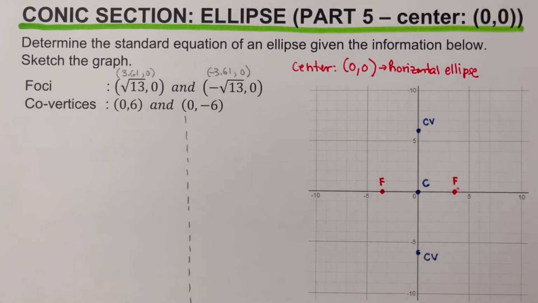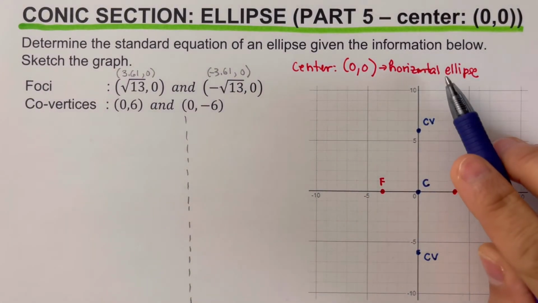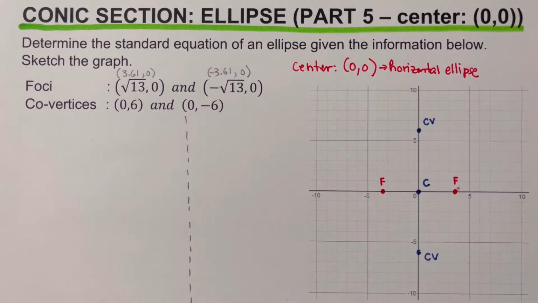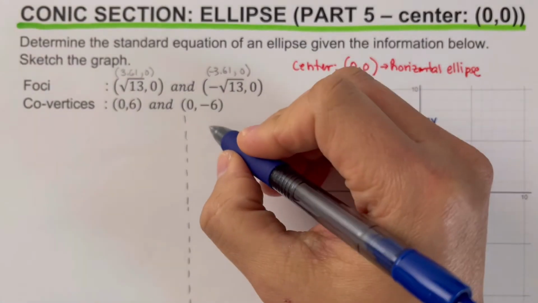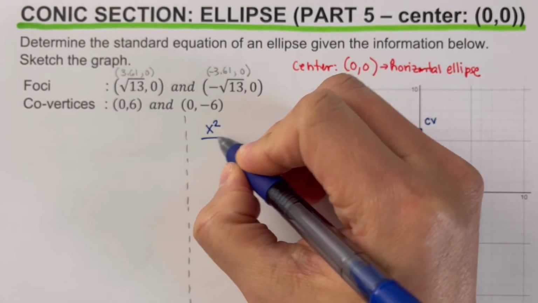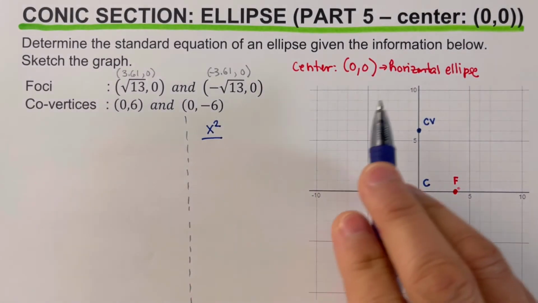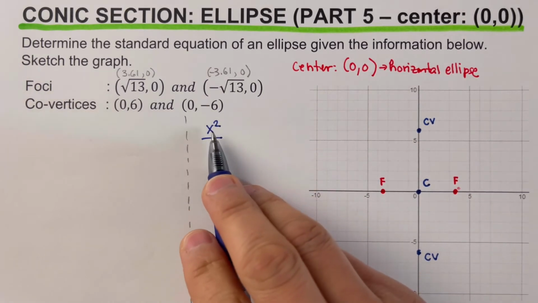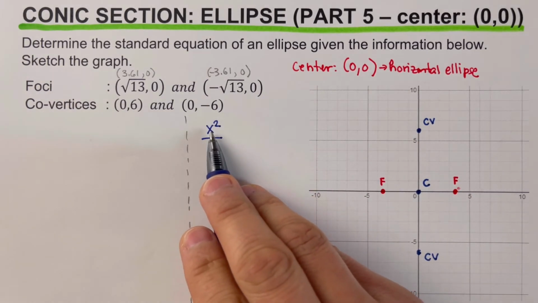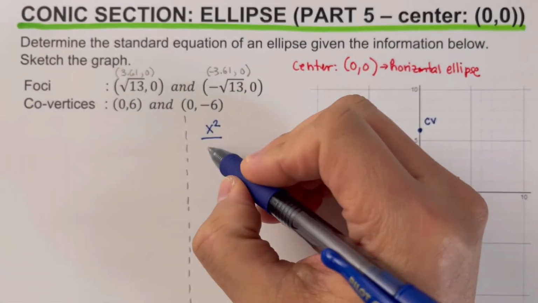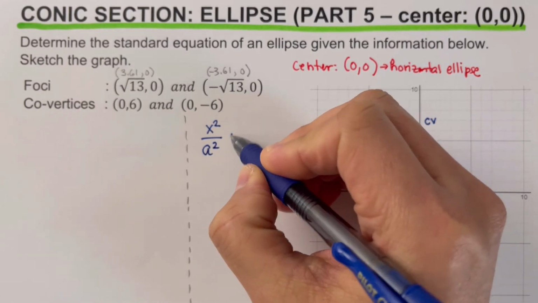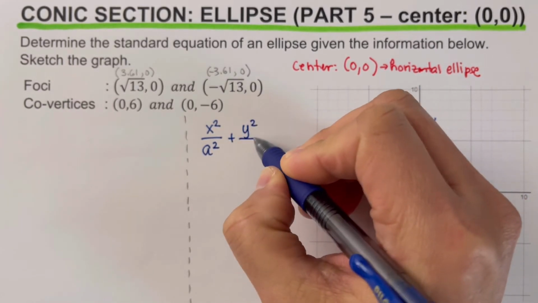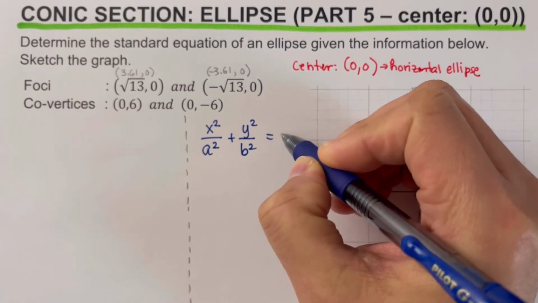Okay, since this is an example of a horizontal ellipse, we can write the general equation of a horizontal ellipse. That's actually x squared over, since our major axis is the horizontal line, then the denominator of the x squared should have an a squared on it, and that would be plus y squared over b squared equals 1.